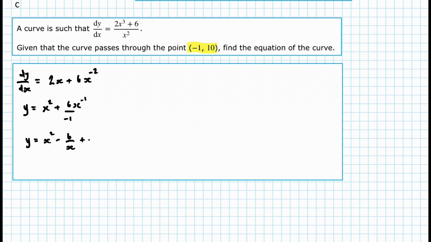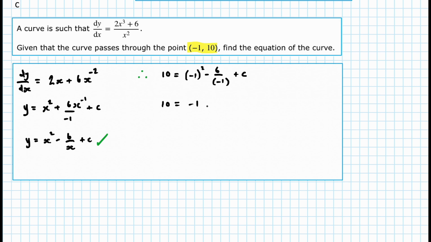So that's the same form as 6 over x. And of course it's minus, because of the minus 1 on the denominator. So x squared minus 6 over x plus c. Now we're going to be able to find c in this question, because we were given a point. So y, as in 10, is equal to minus 1 squared minus 6 over minus 1 plus c.